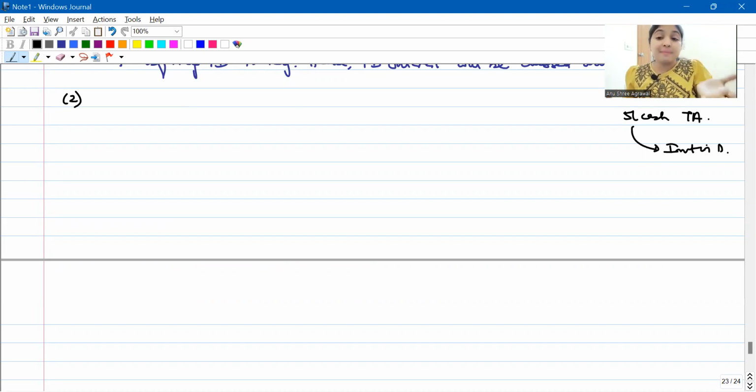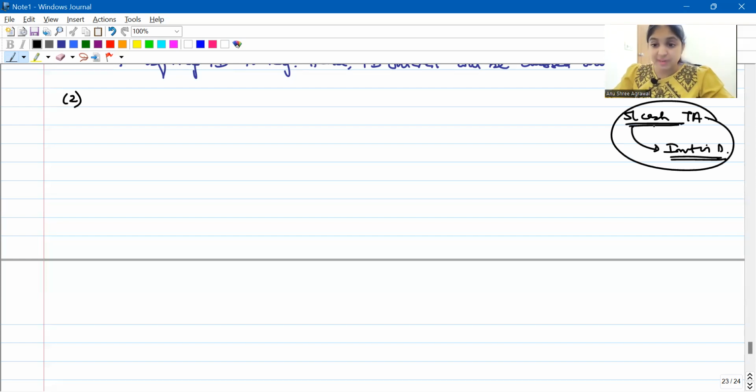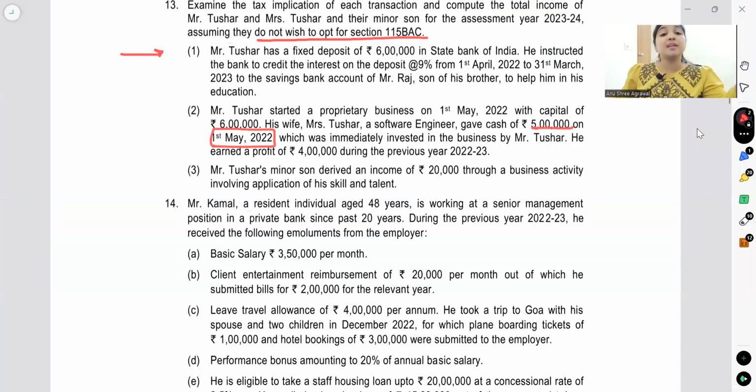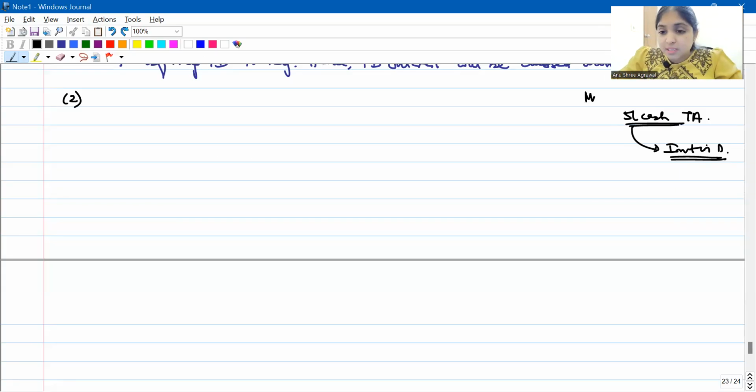Now, the transferred asset may be in the same form or different form. The transferred asset is 5 lakhs cash. This has changed form into investment in business. So from this transferred asset in same form or different form, if Mr. Tushar is earning any income, it will be clubbed with Mrs. Tushar's income. Here, guys, please notice Mrs. Tushar is transferring to Mr. Tushar. So the clubbing will happen with Mrs. Tushar's income.